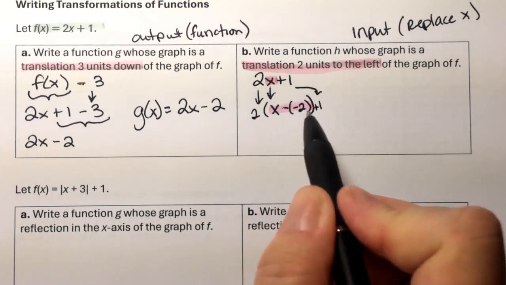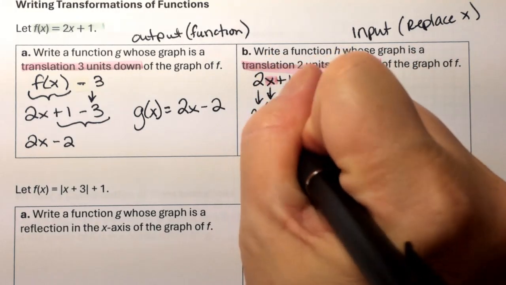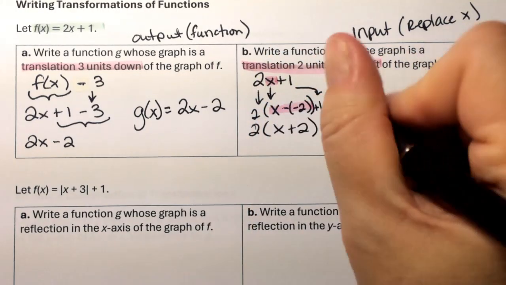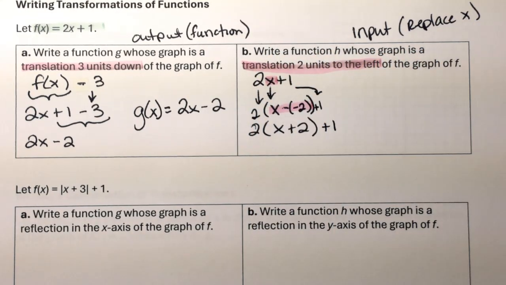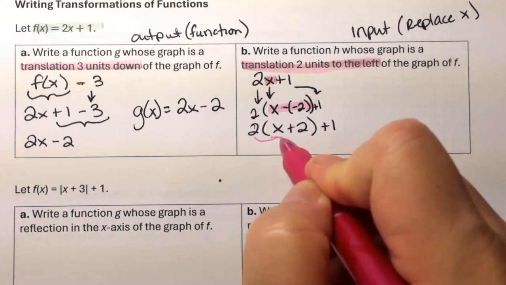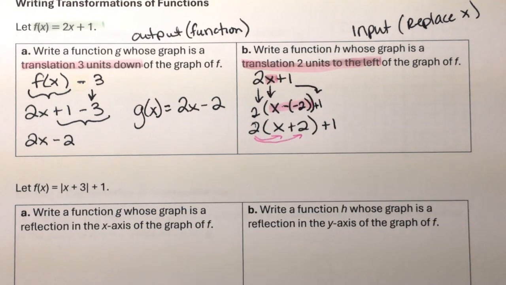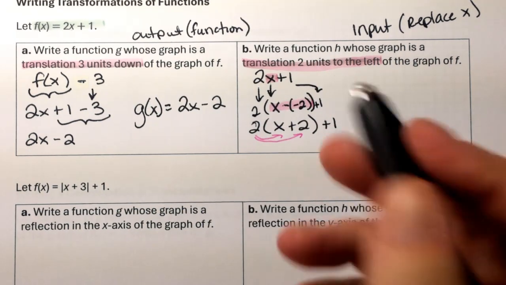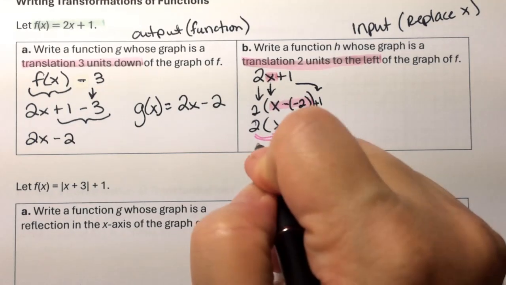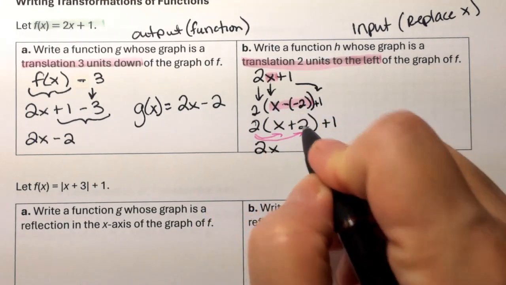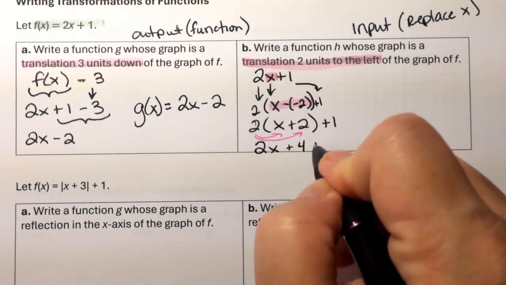All right, so let's simplify. We know x minus a negative number becomes x plus 2. We still have plus 1. Can we leave it like this? We don't want to. We want to do distributive properties, so let's take that 2 and multiply it to both of those. So we would have 2 times x gives us 2x. 2 times 2 gives us 4. We got that plus 1.